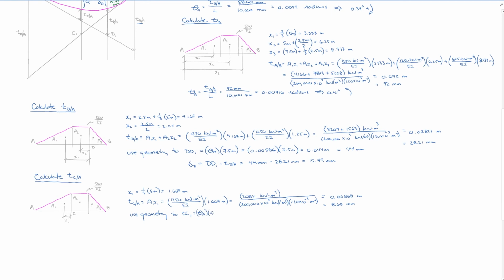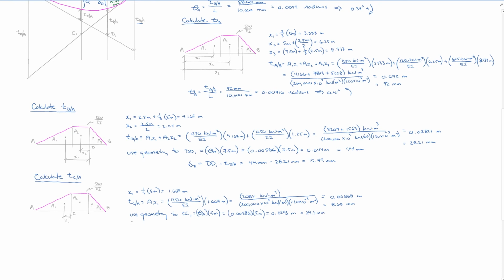So we'll go 5 meters, and that's equal to 0.00586 radians times 5 meters, which is equal to 0.0293 meters, or 29.3 millimeters.